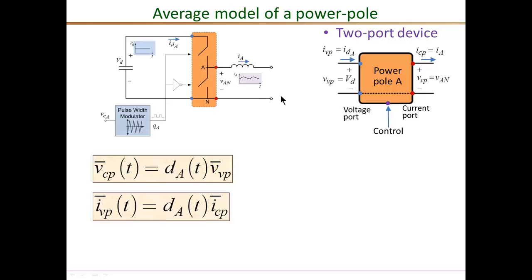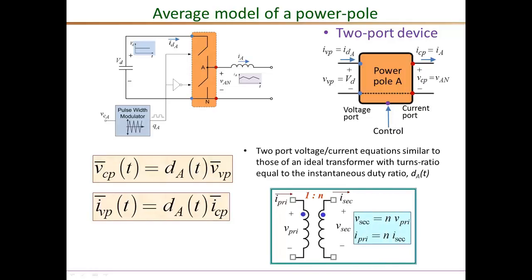VCP, the secondary side or the current port voltage, is D times the voltage port voltage, and the voltage port current is D times the current port current. So this set of two equations looks very similar to the equations governing a transformer. So in a transformer as shown here, this is the primary, this is the secondary. The turns ratio is N as defined here.